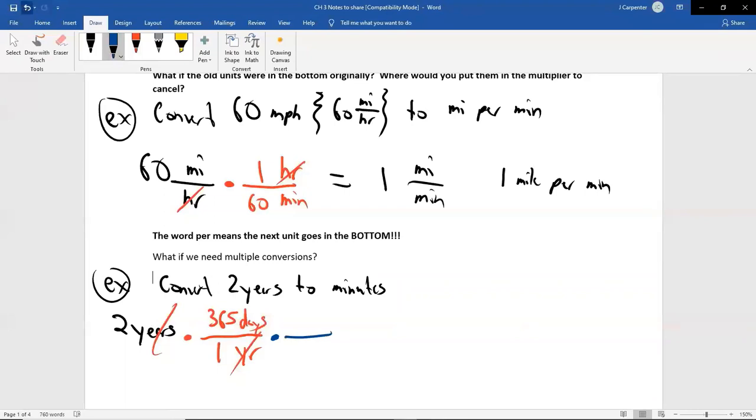Well, which one goes in the top? Which one goes? I'm just going to assume to put the 24 hours in the bottom and the 1 day in the top, and you're rushing and you're doing things wrong. Don't do that. Pay attention. Out with the old. Oops, too far. The days are in the top, so in our multiplier, they must go in the bottom. So it's 1 day to 24 hours.